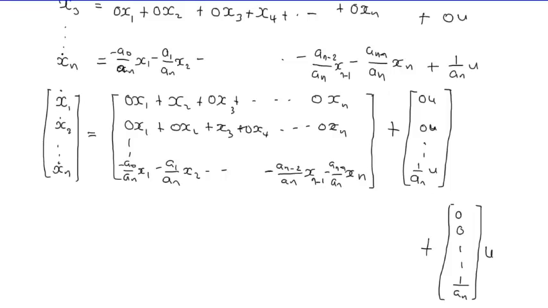Sorry, these are dashes, not ones. So n rows there. This side we've again got a column vector of derivatives, and we've got there up to xn.